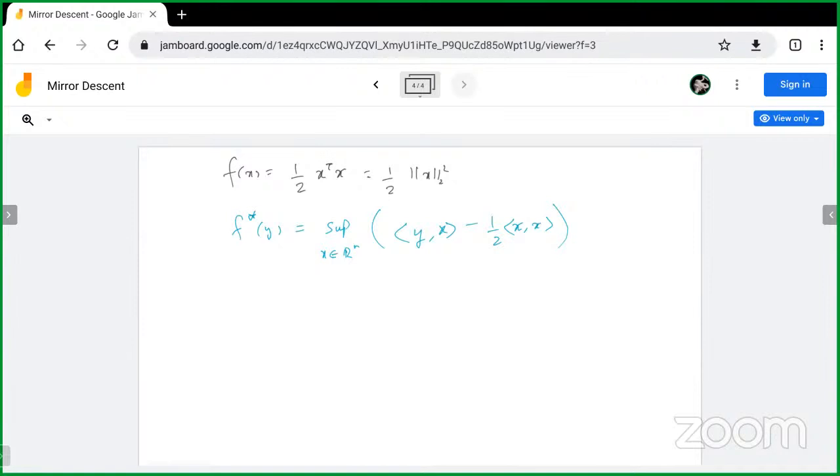No, y squared. It's the same quadratic equation. Okay, but how will you prove it? Take the derivative.